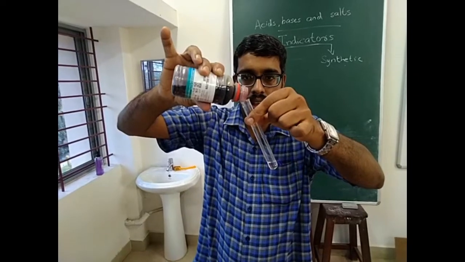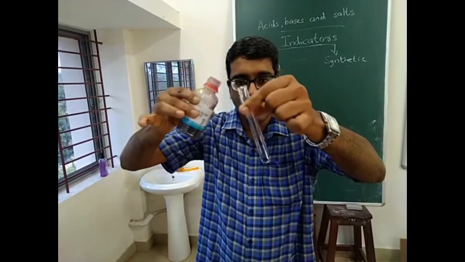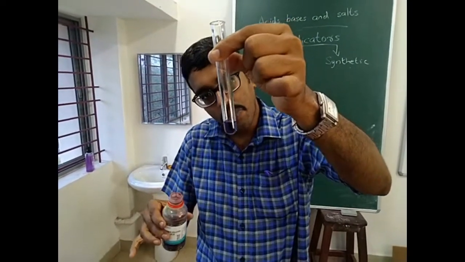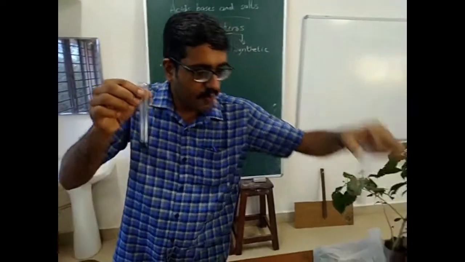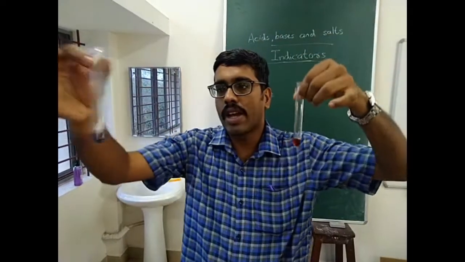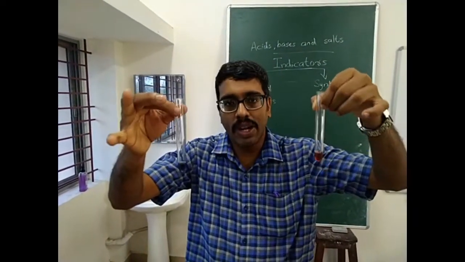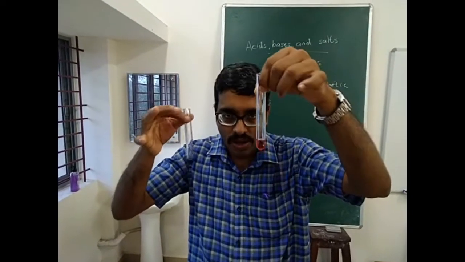You can see the reaction. Now the blue litmus does not change, it remains blue. So here you can compare both the test tubes. The first one, on the left hand, is acetic acid, and on the right hand it is KOH solution. I tested it with the blue litmus, and only the acid changes blue litmus into red color.